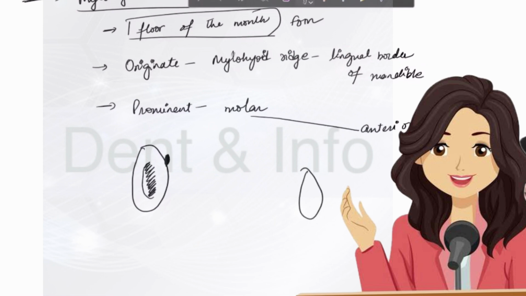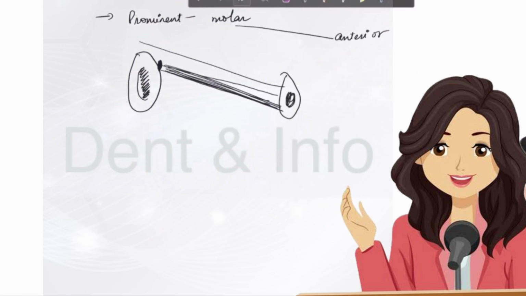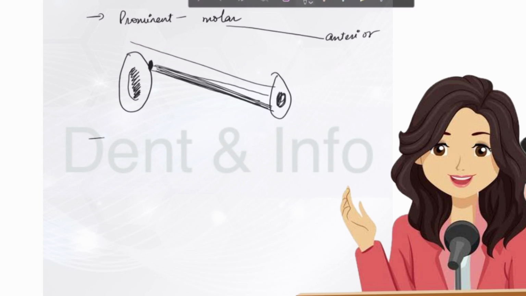But when we go to the anterior portion, that goes slightly downwards, right? That will go slightly downwards like this. So that is how the muscle attachment of your mylohyoid muscle is. It mainly governs your floor of the mouth. Muscles are present in the mylohyoid region. They go to the hyoid bone.